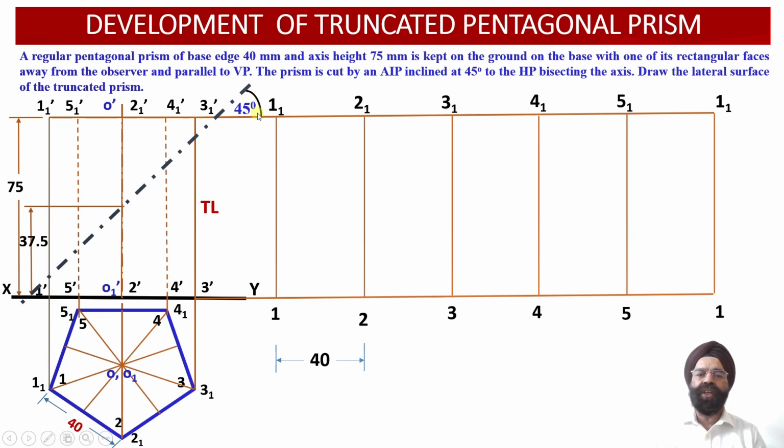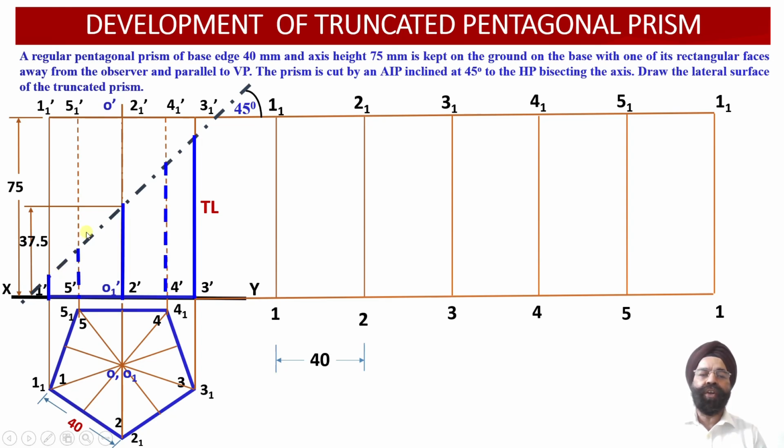This auxiliary inclined plane is going to intersect with all the 5 vertical edges of this pentagonal prism.